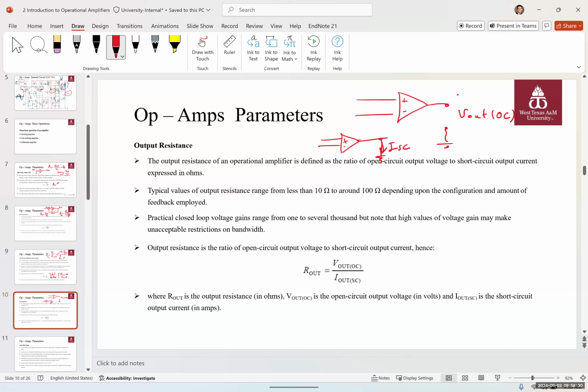So the output resistance would be V open circuit over I out short circuit. Oh, we have it over here. I didn't even have to write it. So the output resistance of an op amp is usually pretty low, in the range of a few ohms to a few hundred ohms.